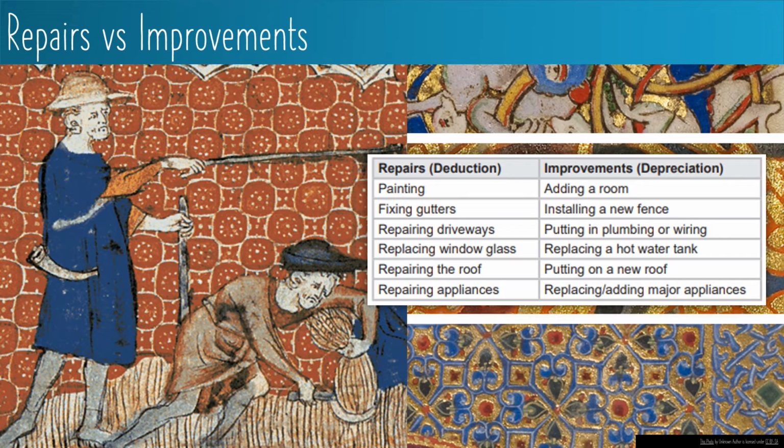And this is important because improvements don't get to be expensed all at once. The taxpayer has to depreciate them over time, so they're going to recognize those expenses over the course of multiple years and not all at once on this return. Repairs, on the other hand, the taxpayer would be taking all at once on this return.